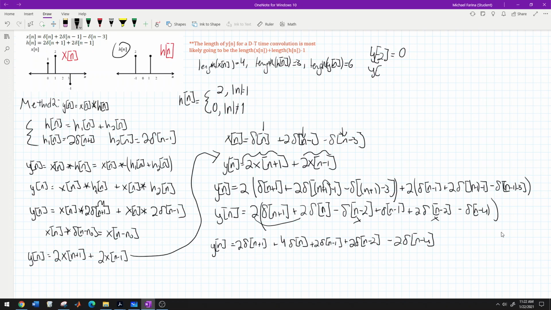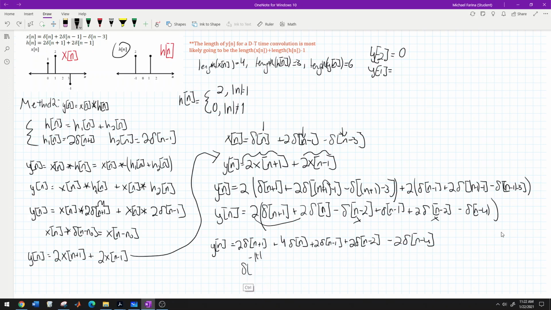Well, if we put a minus 1 in here, we get minus 1 plus 1, so we have a delta being evaluated at 0. So that's going to give us a 1, and then it's going to get multiplied by 2.